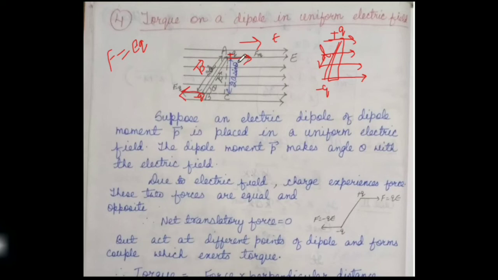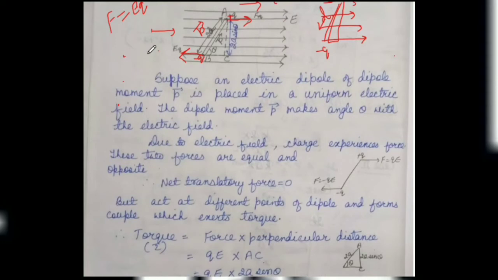So these two forces are equal and opposite. They cancel each other, but they are not at the same point. One is acting on this side, the other is acting at this point. So both forces act at different points.